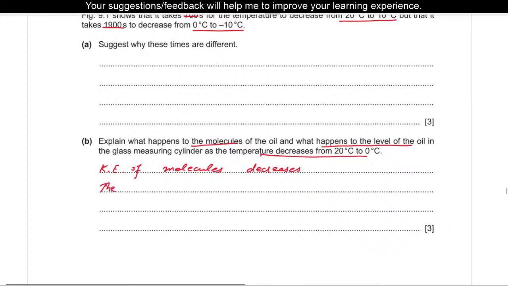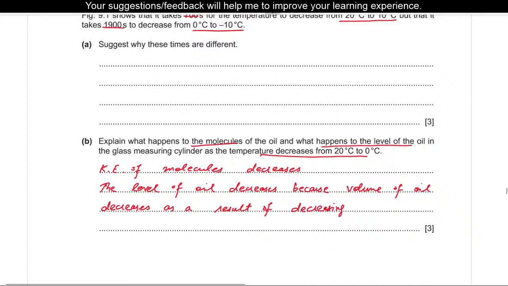So the level of the oil decreases because volume of oil decreases as a result of decreasing gap between molecules. सो यहाँ पर हमने in terms of molecules इसको describe करना है.